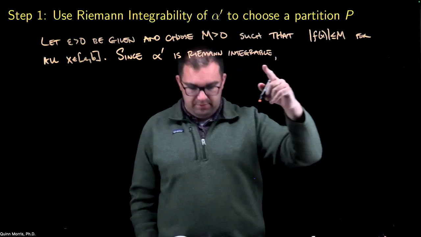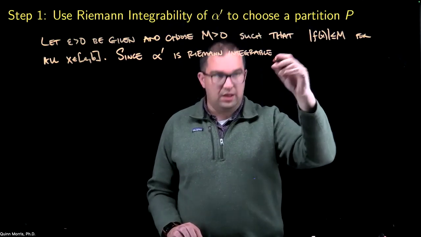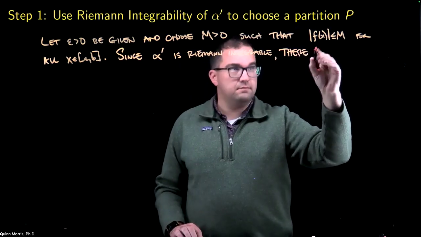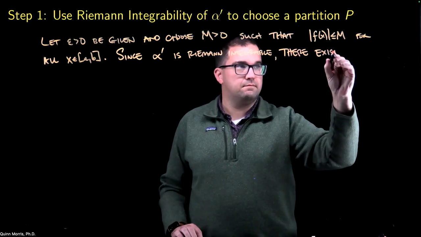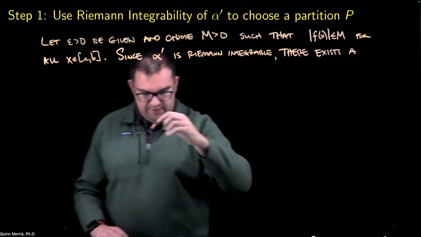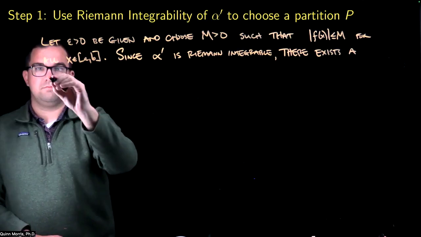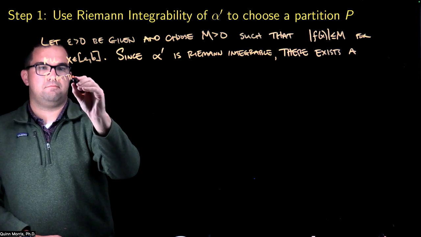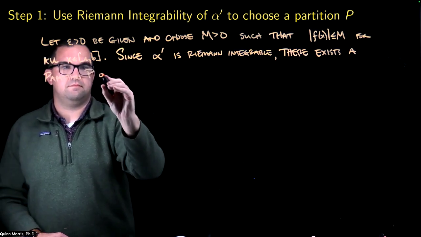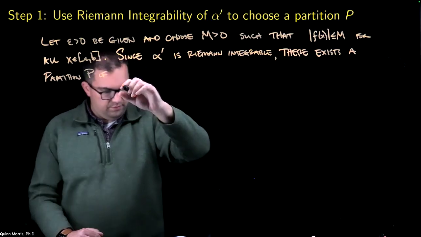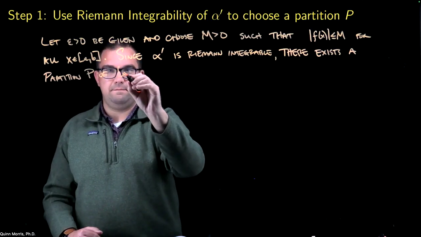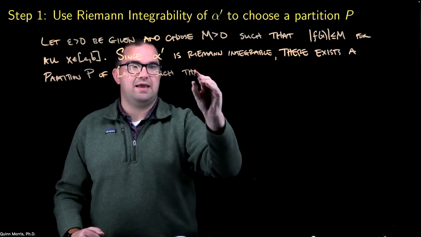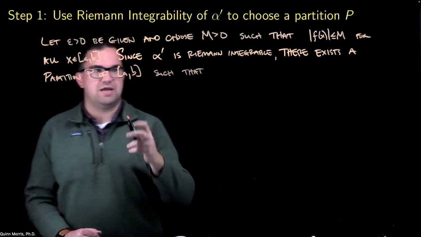So since alpha prime is Riemann integrable, there exists a partition P of [a, b] such that I can make the upper and lower sums as close as I would like.